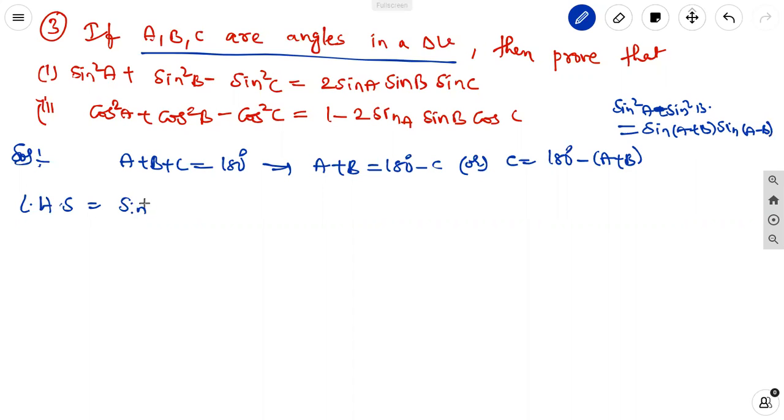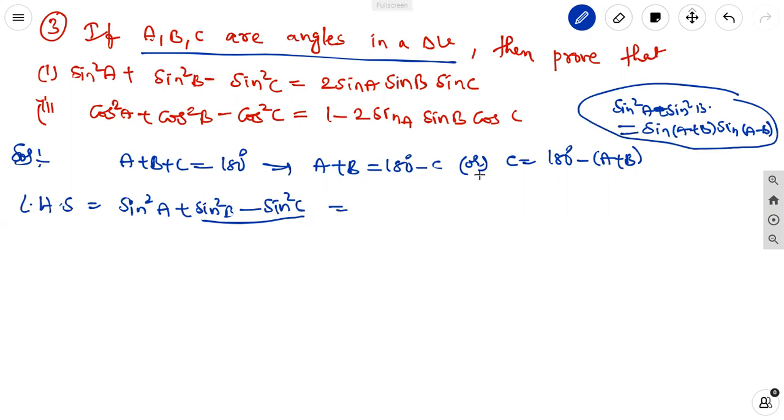First write the LHS: sine square A plus sine square B minus sine square C. We can choose either B minus C or A minus C, whatever. We cannot choose A plus B, because that is not suitable. So sine square A stays as it is.